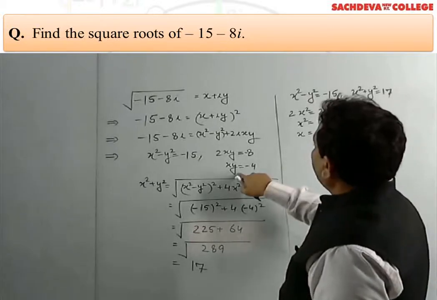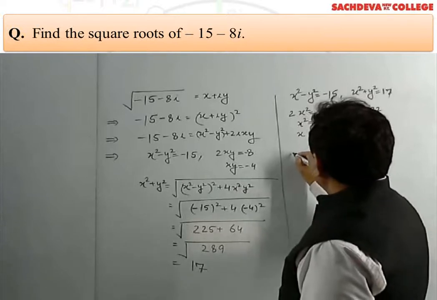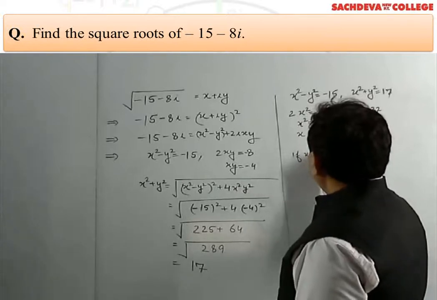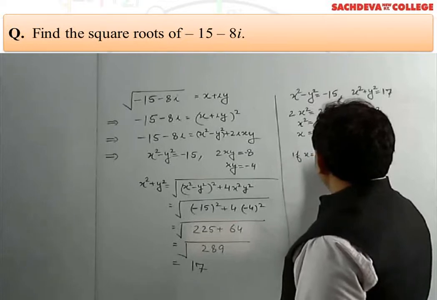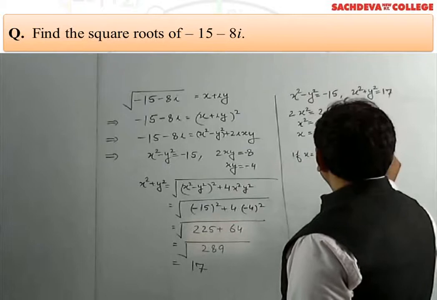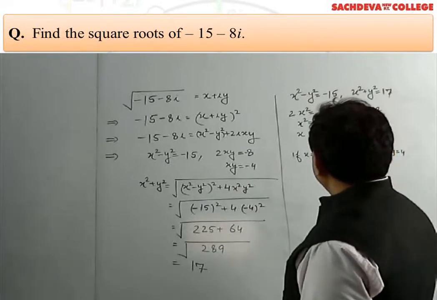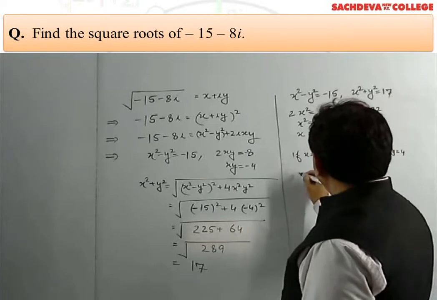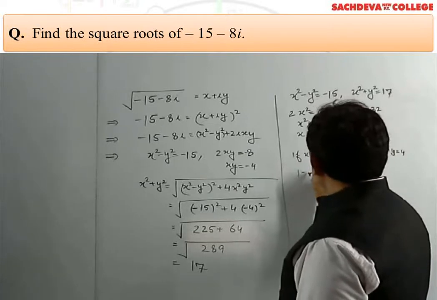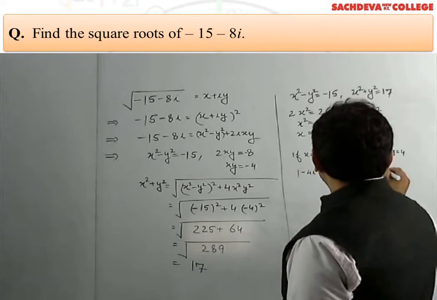Because product of x and y is minus 4 here, so if we take x is equal to 1, then y will be equal to minus 4, and if we take x is equal to minus 1, then y will be equal to plus 4. So there are two complex numbers, 1 minus 4 iota and minus 1 plus 4 iota.